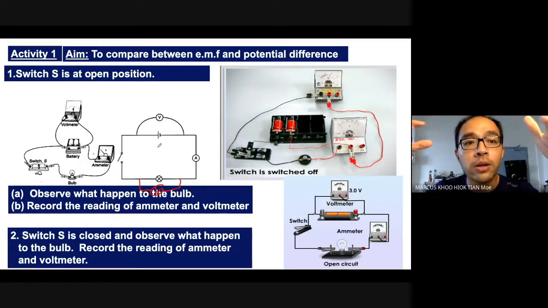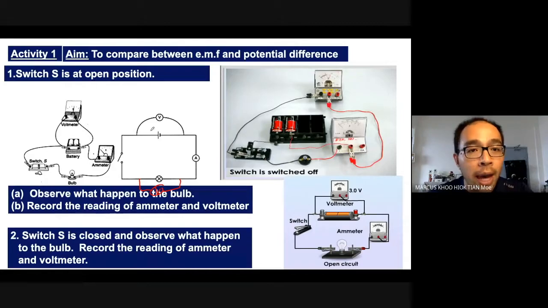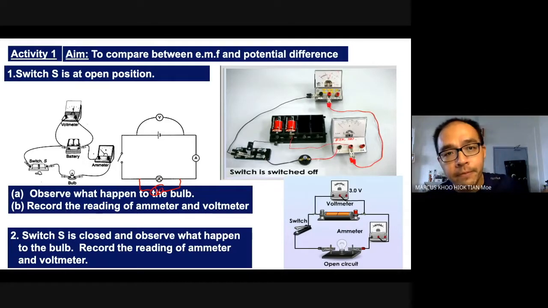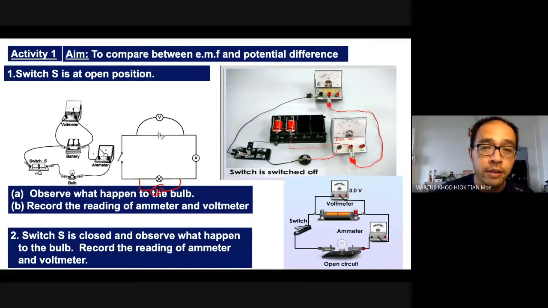Cannot. V against I really depends on where you put the voltmeter. If the voltmeter is parallel to the constant wire, Ohm's law. If the voltmeter is parallel to the battery, electromotive force. Different concept altogether. Cannot be the same.